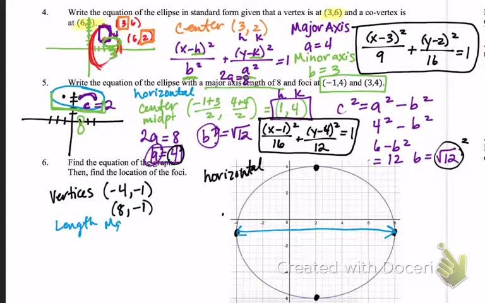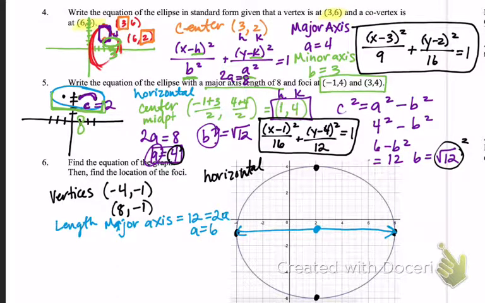I'm going from -4 to +8. Length of major axis equals 12, which equals 2a. So a equals 6. So my center is going to be halfway between, which is at 2.